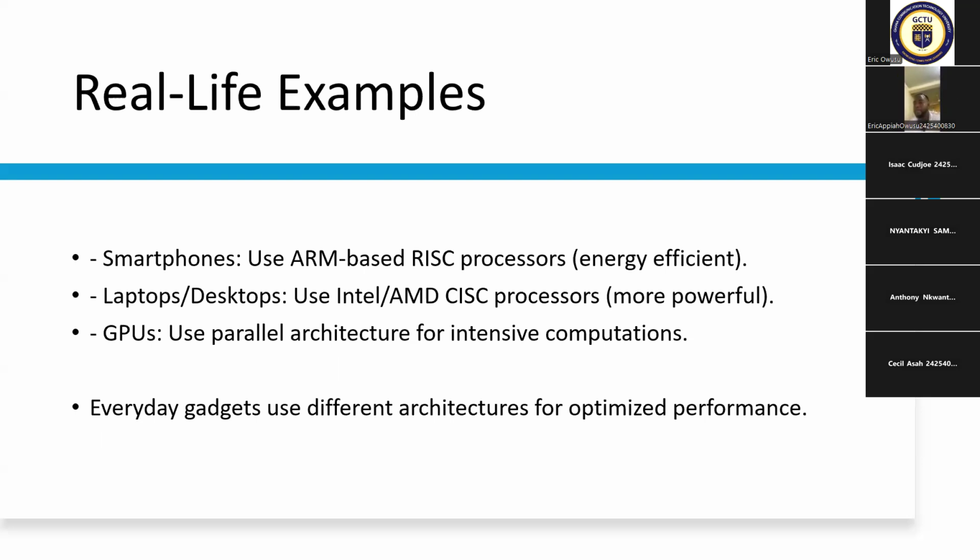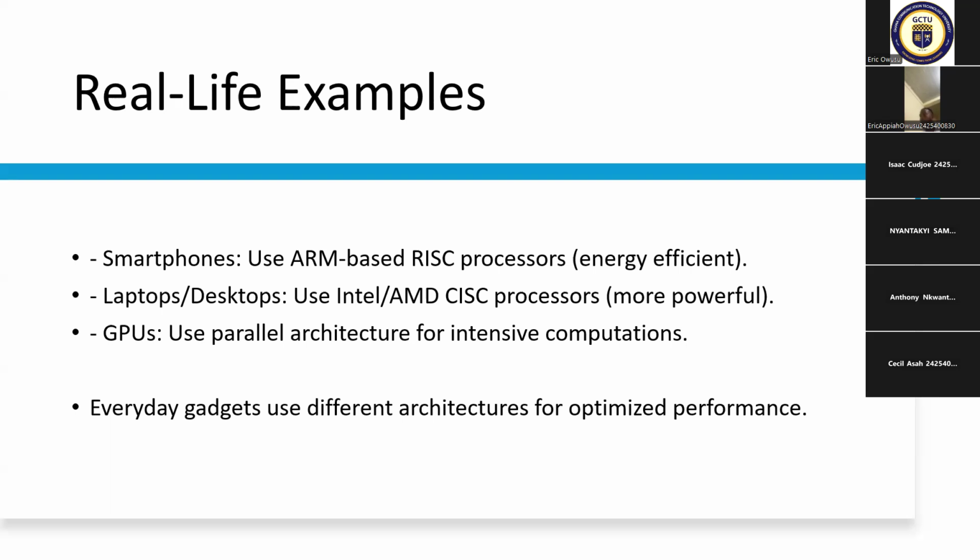Okay, real-life examples. Smartphones use ARM-based RISC processors, which are energy efficient. Laptops and desktops use Intel or AMD CISC processors, which are more powerful. And GPUs use parallel architecture for intensive computation.